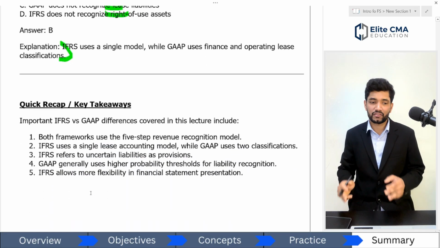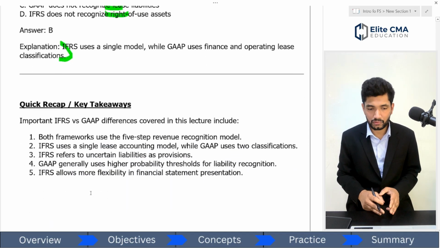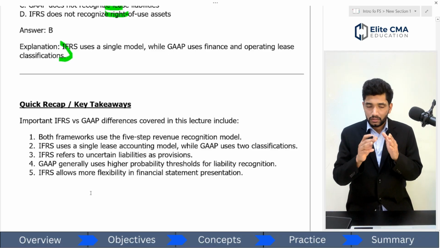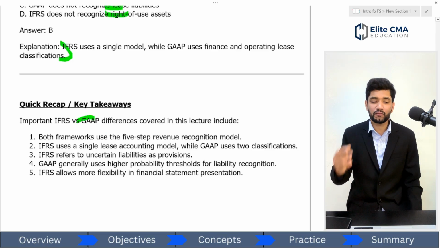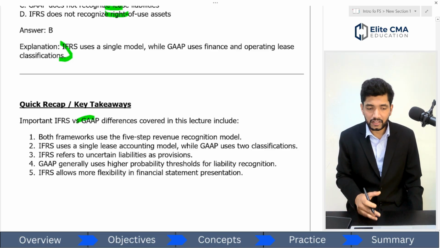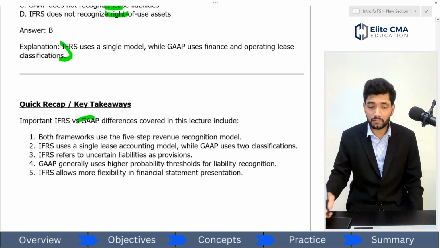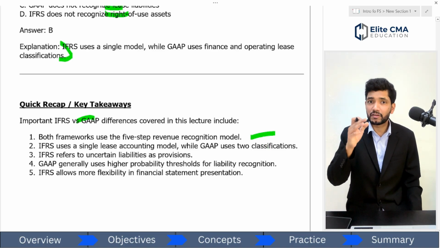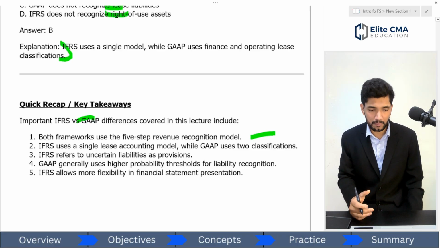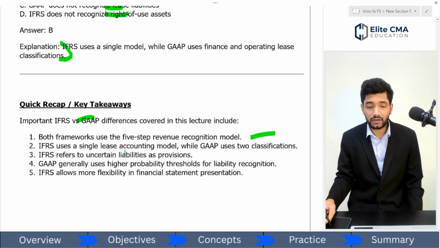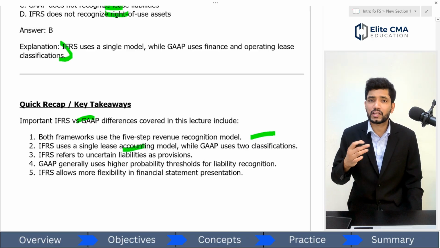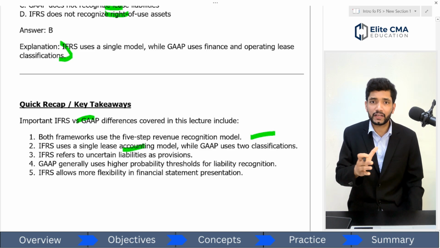Before winding up this discussion, just a quick summary of what we discussed today: the key differences between IFRS and US GAAP. Both frameworks recognize revenue based on the 5-step model, which is similar in both. IFRS uses a single lease accounting model, while US GAAP uses two classifications, operating and financing leases.